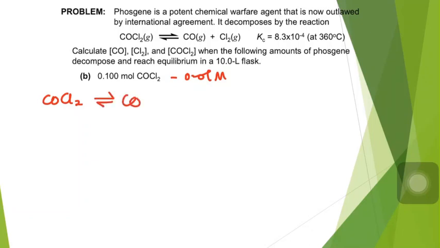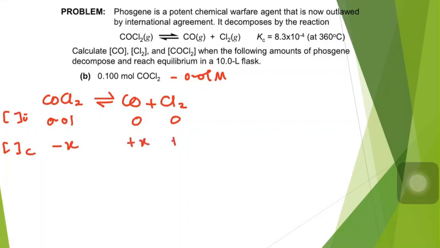COCl2 produces CO plus Cl2, initial concentration of the COCl2 is 0.1 molar. Okay, sorry, 0.01 molar, 0 for CO, 0 for Cl2.